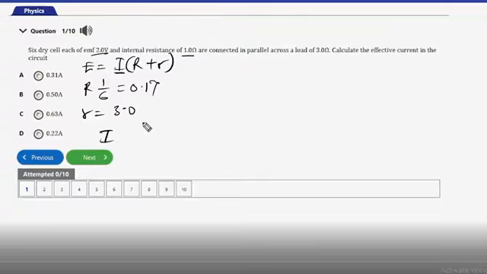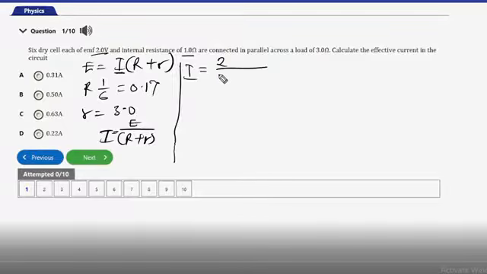So I here is going to be E over R plus r. So for this, we are going to have that E, which is 2.0 here, over 0.17 plus 3, and then I is going to be 2/3.17, right?